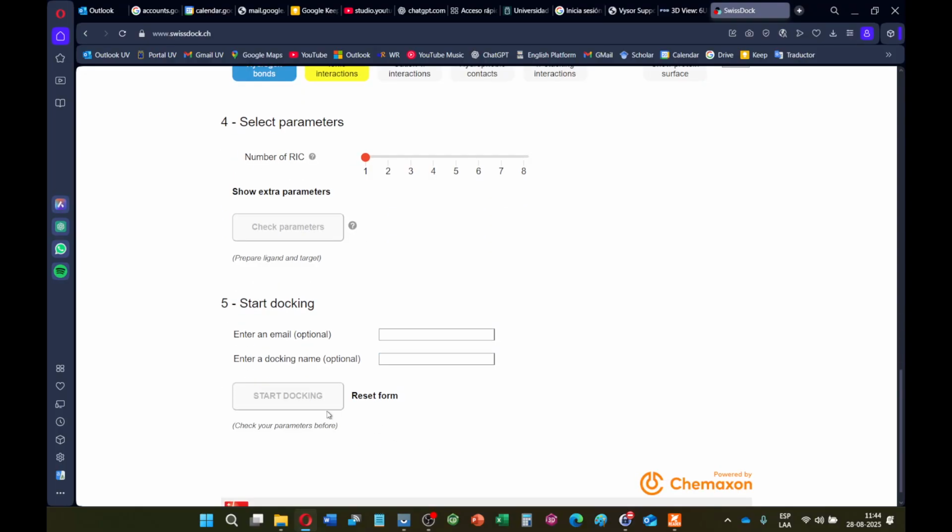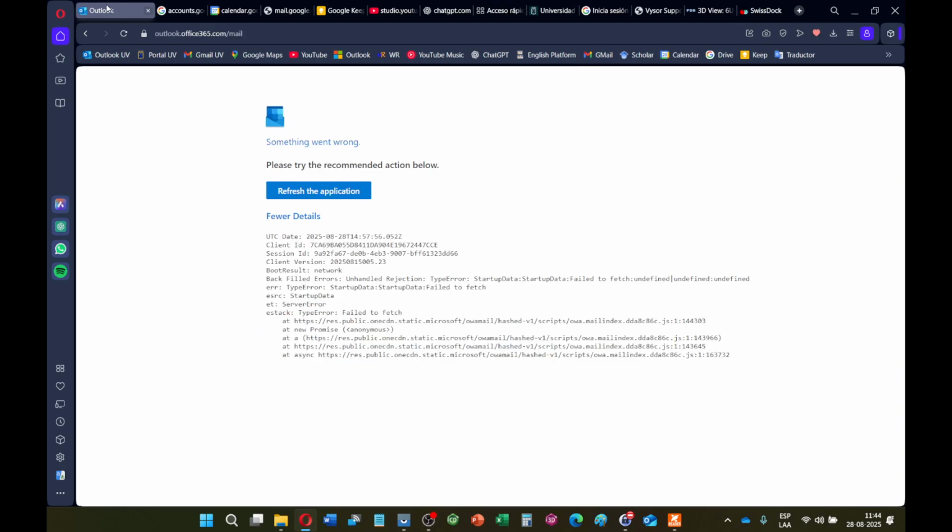Enter the email and start, as simple as that, and an email arrives when the calculation is finished. So as you can see in the image, one can download the result and see it with any viewer later on the computer, and so it is free.